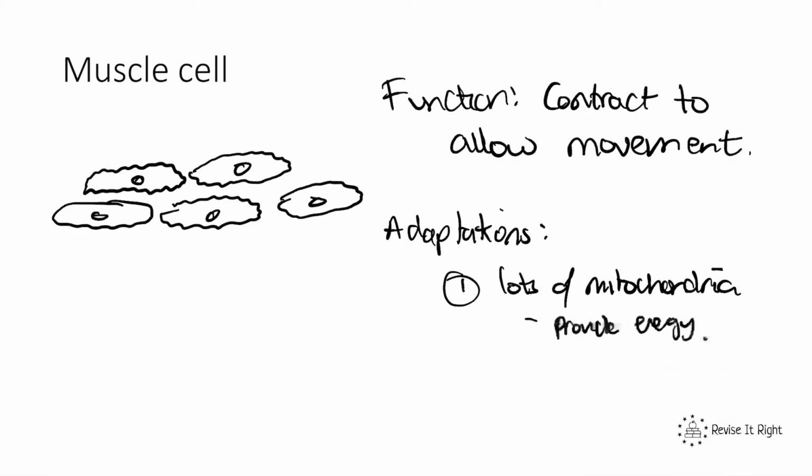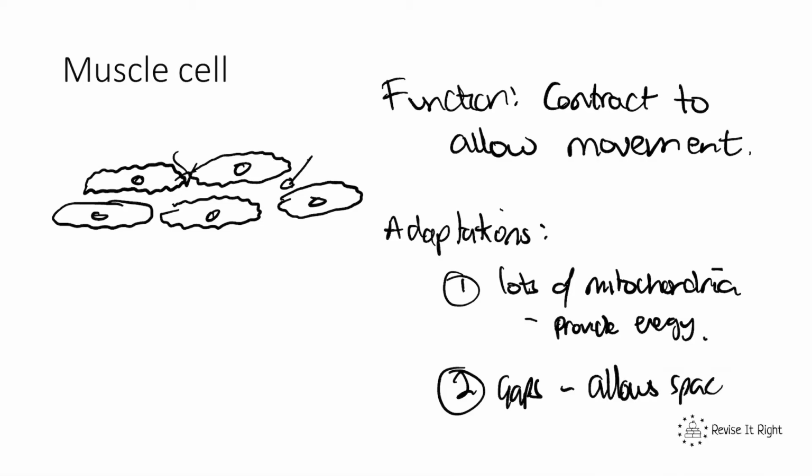Okay. Number two is that they have space or gaps. You can see here they have gaps around them. Okay. Now this allows the space to contract. Okay, so these gaps allow space around the muscle cells in order to contract for movement. So the gaps allow space to contract.